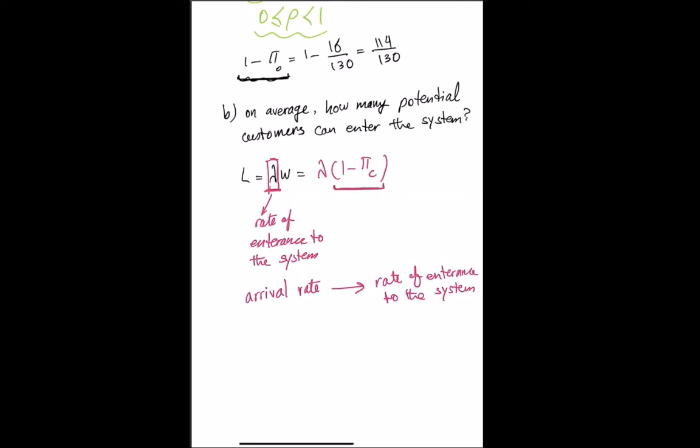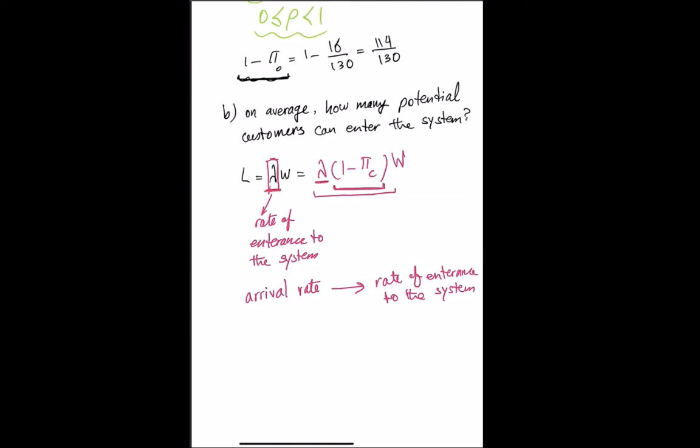In this percentage of the time, the people that arrive can actually enter. So the rate of entrance to the system is lambda multiplied by 1 minus pi c, multiplied by W. So instead of just using lambda, as in other systems, we use lambda multiplied by 1 minus pi c, over W.